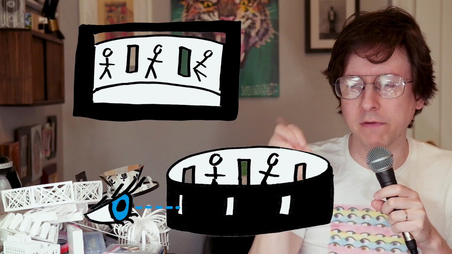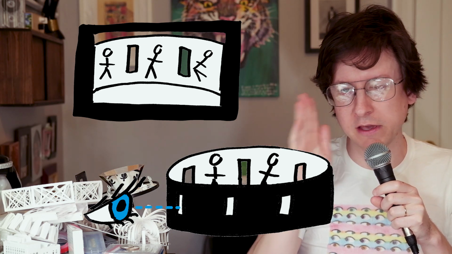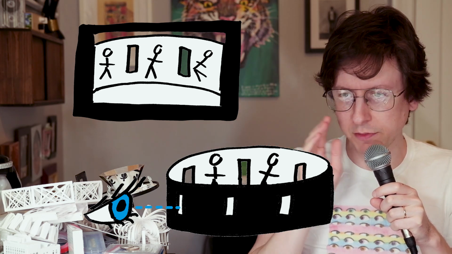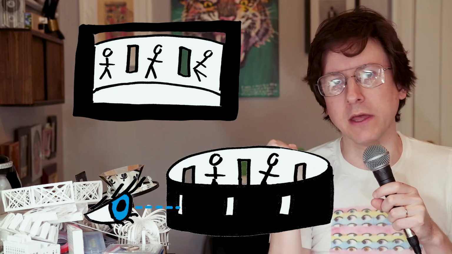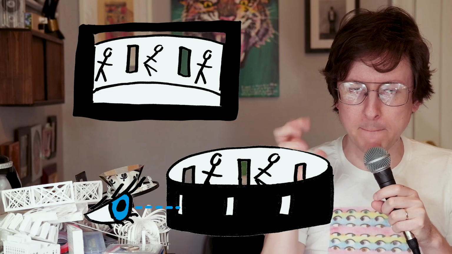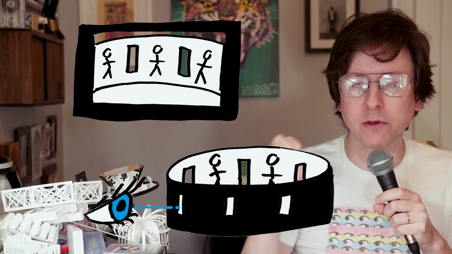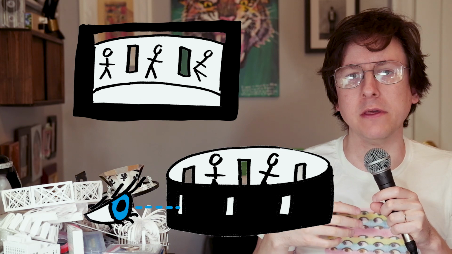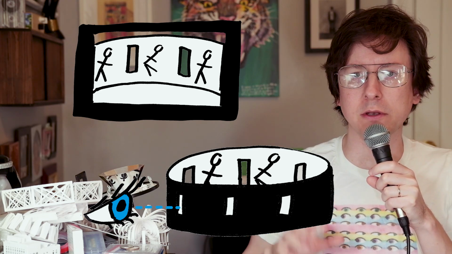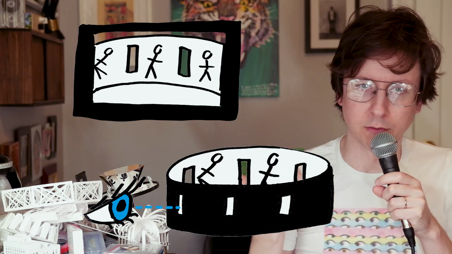Because you're only getting a very brief moment where you can see each animation frame through the slit, you get a flash of the image, just a quick little bump, bump, bump, bump, and those quick little flashes create the illusion of motion and make it so it doesn't look like just one large blur, which is what it would be if you didn't have those slits cut in the side.